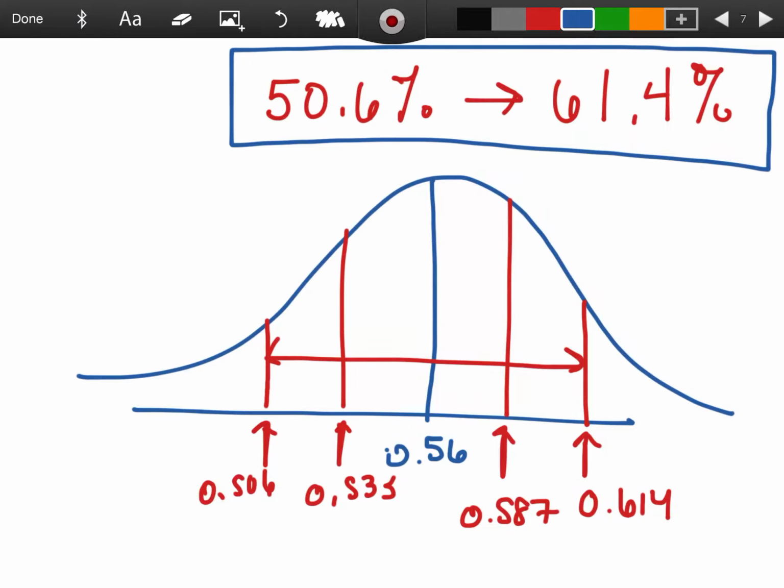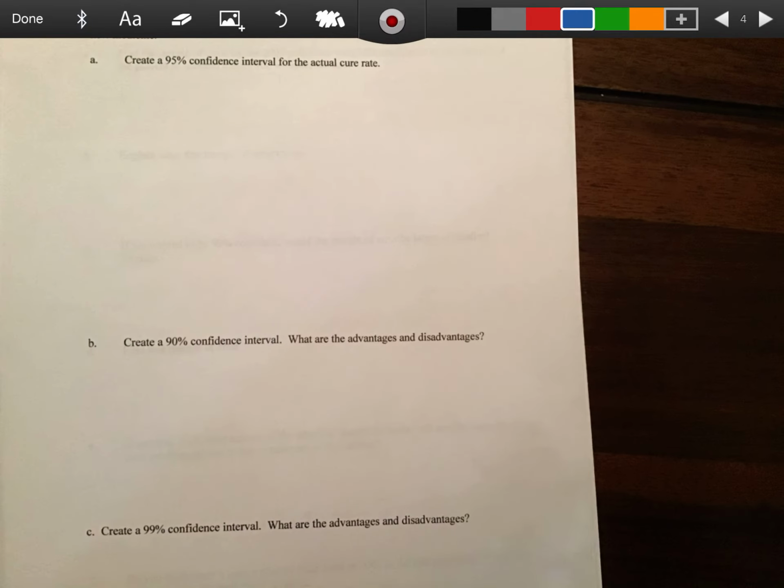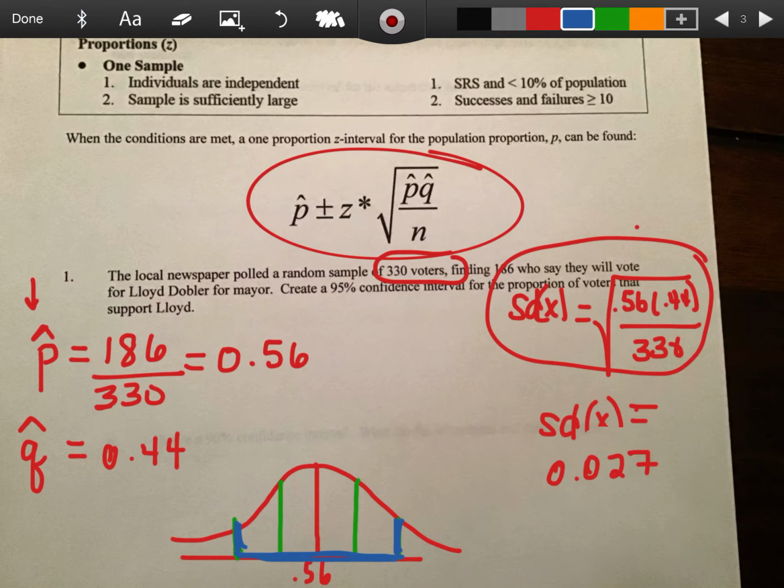So if you come back here and look at this formula, we talked about this as being 2 standard deviations. Our z-score here was 2. It was 2 entire standard deviations above the mean or below the mean.